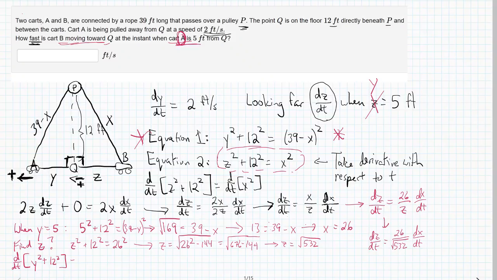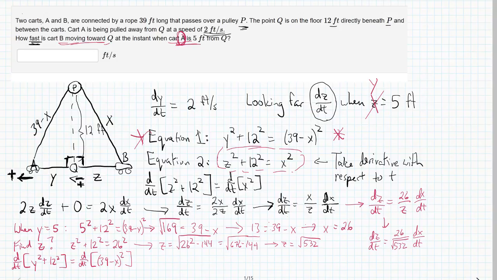equals d/dt of 39 minus x, the quantity squared. Okay, so moving forward from there, what do we get?